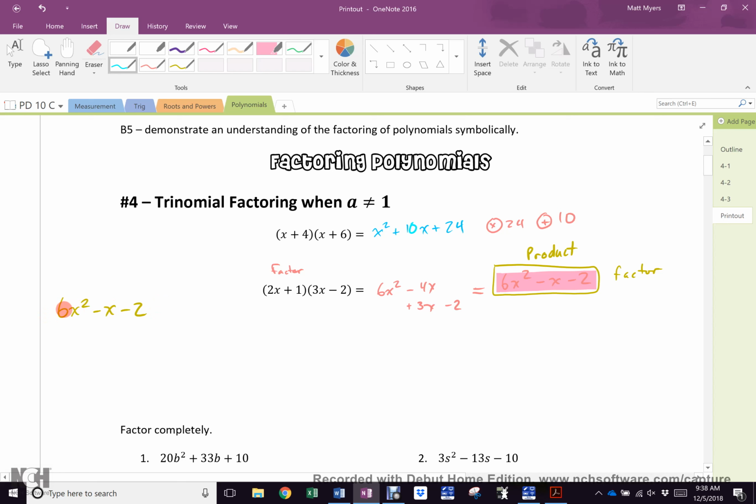So that 6 means this x is 6 times bigger, doesn't it, than this guy, right? So in this guy, we needed to multiply to 24, correct? Well, if this trinomial is 6 times bigger, what do you think we need to multiply to?